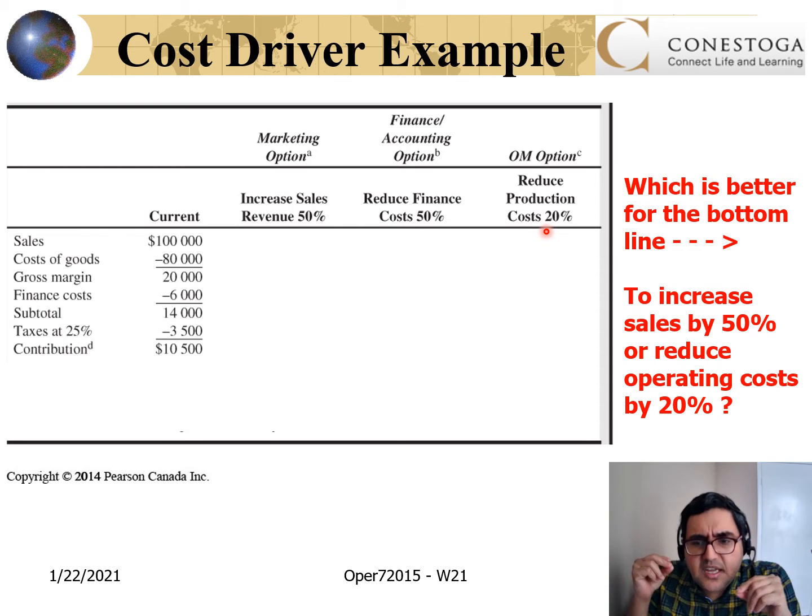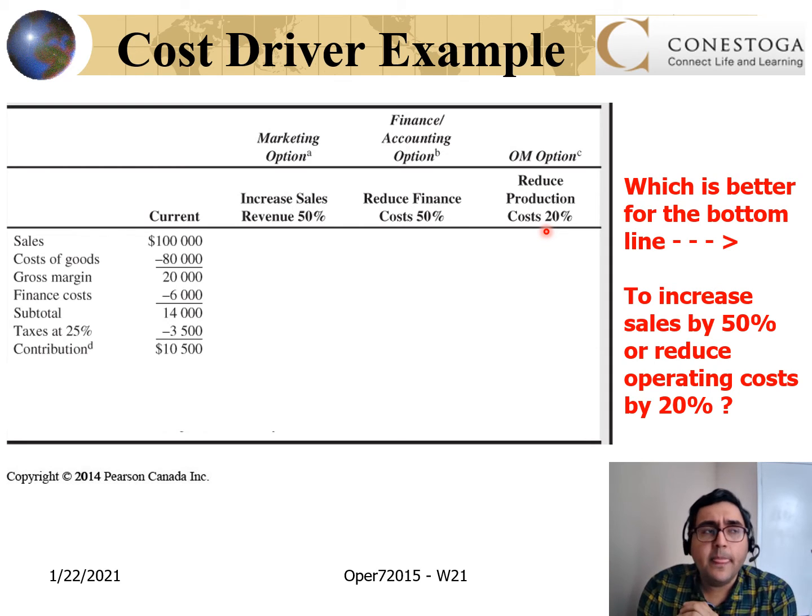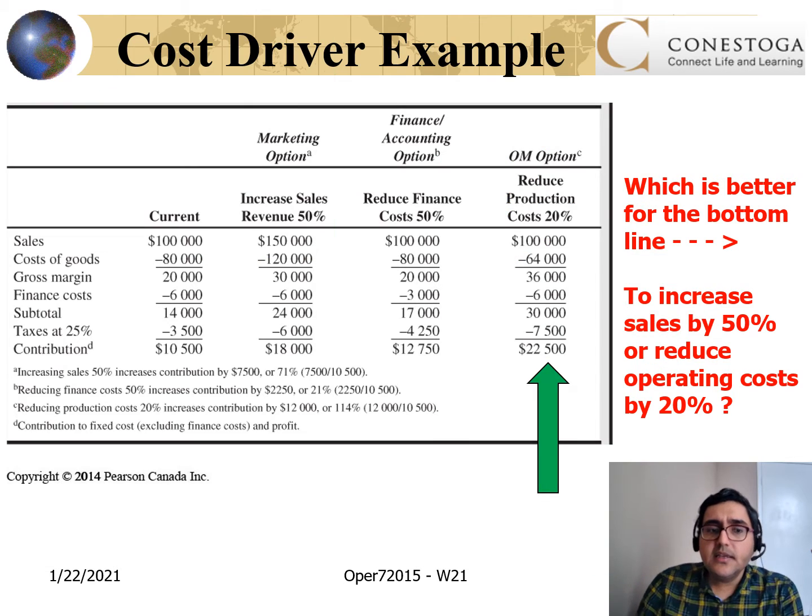This is just a hypothetical example, but it will show how three different attributes in any business, be it marketing, finance, or operations, can influence the bottom line of the business. So let's try to understand. When you're trying to increase the sales by 50%, 100,000 has become 150,000.